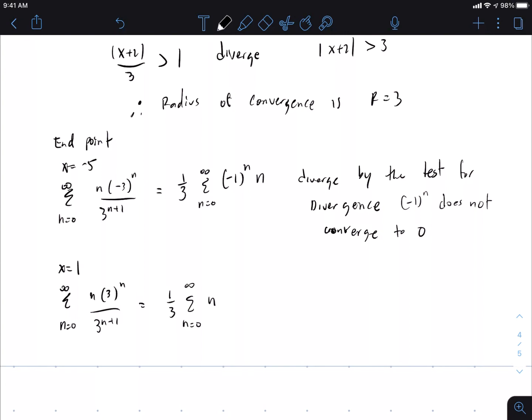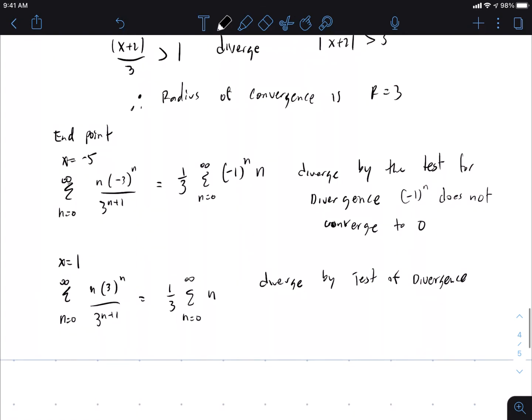And again, by the divergence test, this is going to diverge. And so our answer for this one is the interval of convergence is from -5 to 1, both excluded.